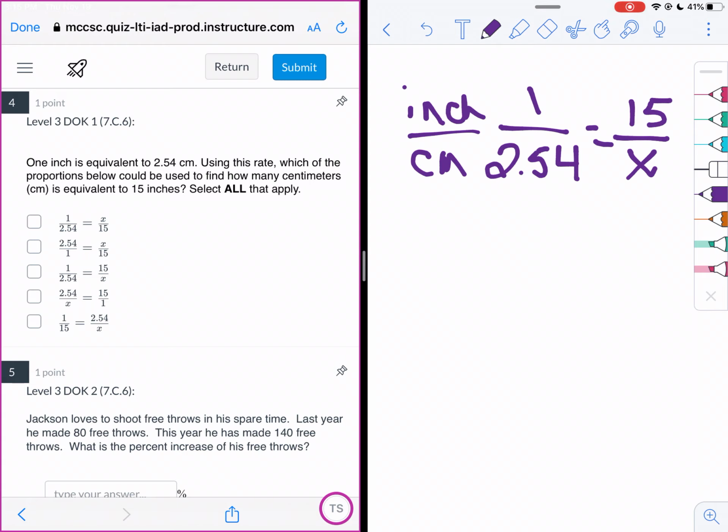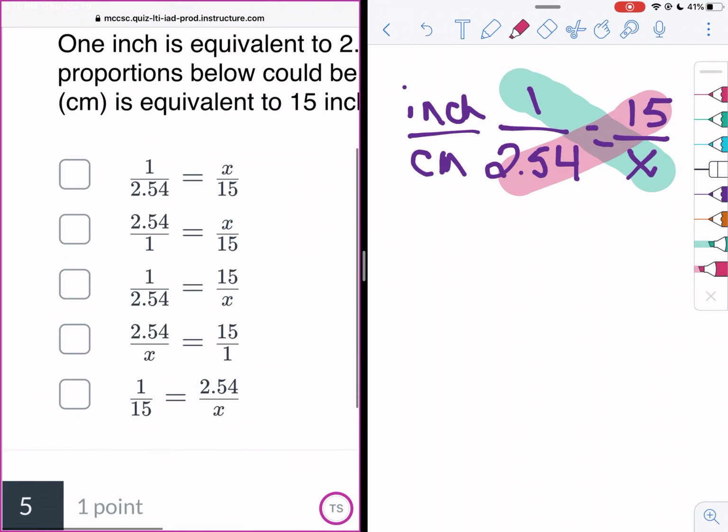Looking at this, I don't have to solve it, but 1 and x are being multiplied, and 2.54 and 15 are being multiplied. So all we have to do is look through our options here and see which ones have 1 and x being multiplied, and 2.54 and 15 being multiplied.